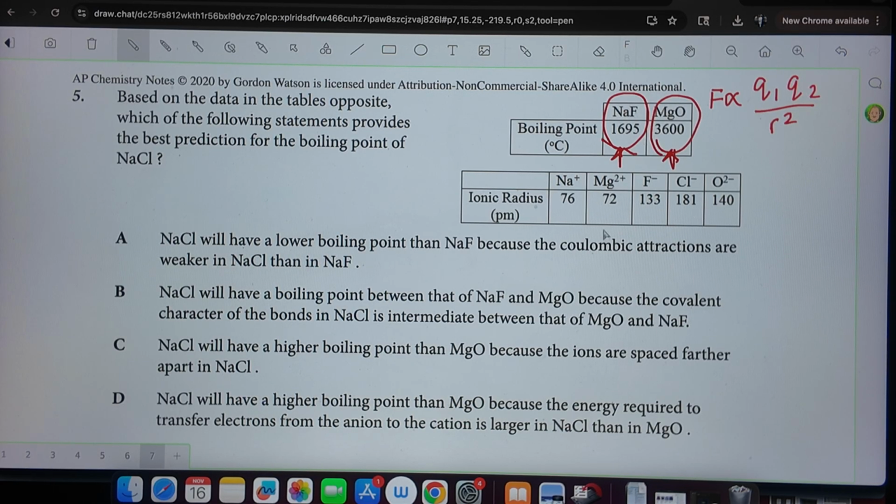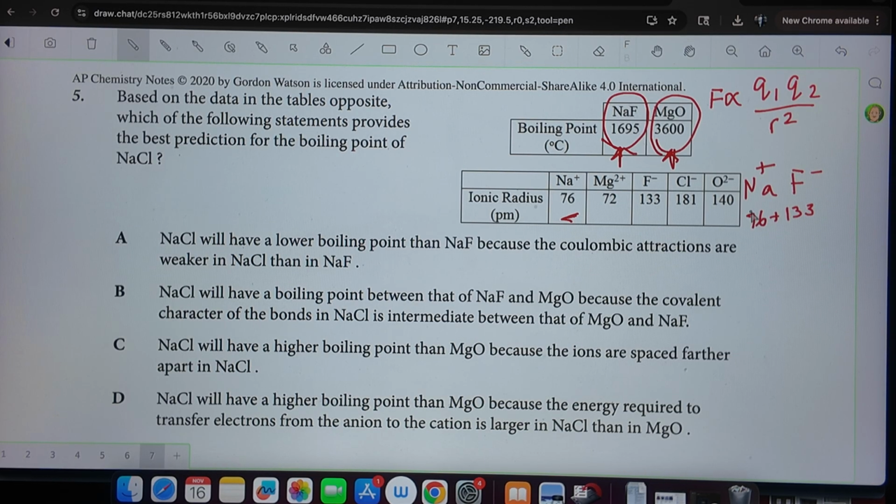Okay, and so NaF, we know as far as the charges go, F is the most electronegative thing ever, so this is going to be negative and this is going to be positive. Their sizes, the ionic radius: F is 133 and Na is 76.